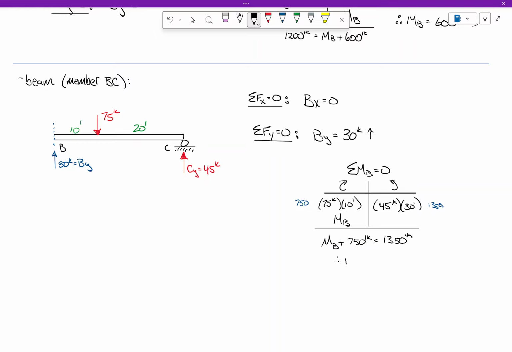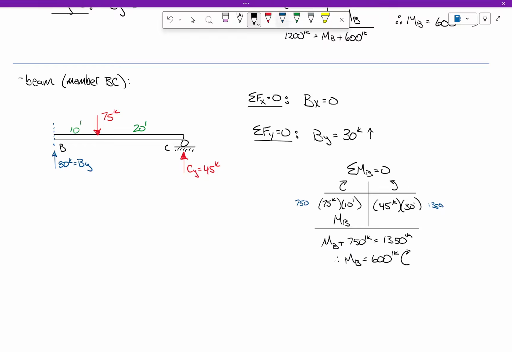It's almost like MB has to equal 600 foot kips that way. That's just nuts, isn't it? That's just crazy. Look what's happening when we cut the section. We get equal magnitudes in opposite directions. So I propose joint B is in equilibrium. Looking at each member independently, we can go back to the joint and ask, is the joint in equilibrium? Well, yes, 30 down, 30 up, 600 this way, 600 that way. The joint's in equilibrium. That's what I meant when I said, is the joint in equilibrium?